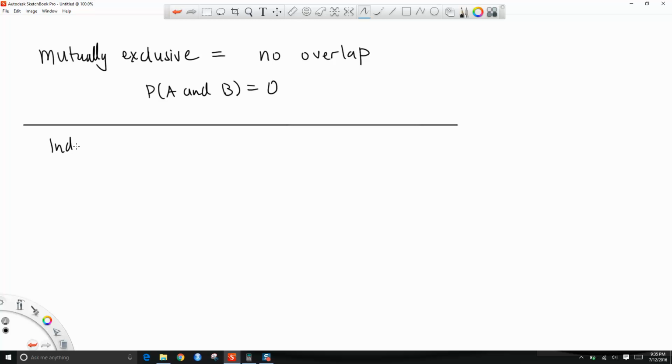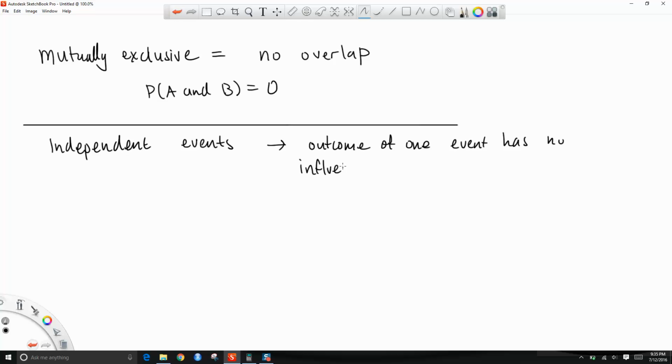Independent events. Because then one does not affect the other, they're not conditional. Yeah. So independent events means the outcome of one event has no influence on the outcome of the other event.